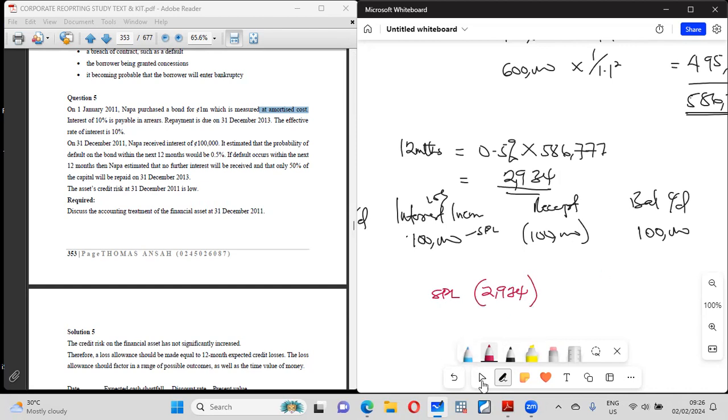The corresponding entry to affect our 1 million, which is supposed to be 1 million, will reduce this 1 million by 2,934. So that is our double entry. If we take our 1 million and we deduct this, what is going to our SPL or our balance sheet will now be what?